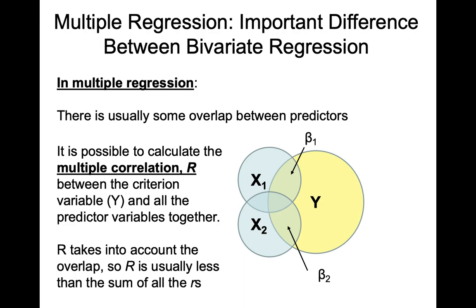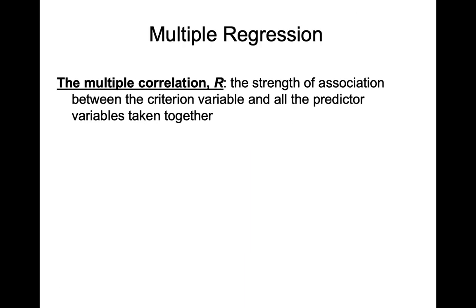That relationship allows us to come up with the multiple correlation R. But really, that's a topic for another class. What I want you to know is that there is such a thing as a big R, which captures the strength of association between an outcome and a set of predictors.